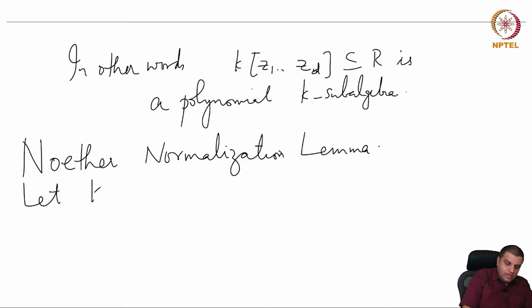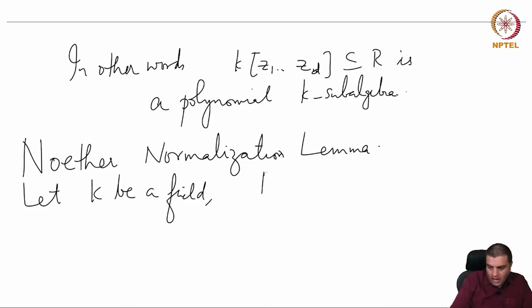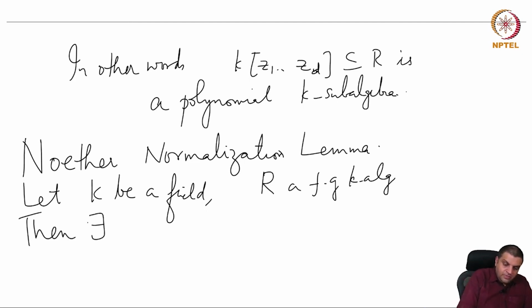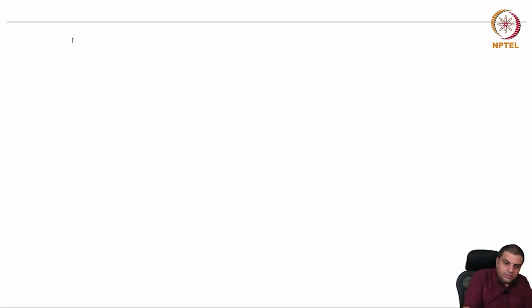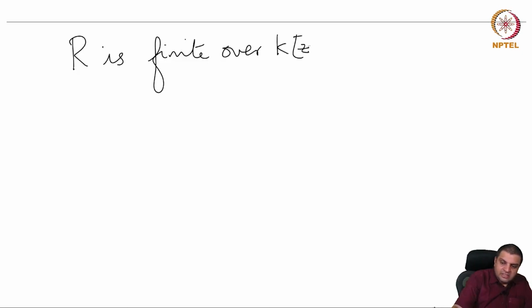Let K be a field, R a finitely generated K-algebra, then there exist algebraically independent Z1 through ZD such that R is finite over the subalgebra generated by the Z's, which is a polynomial algebra.